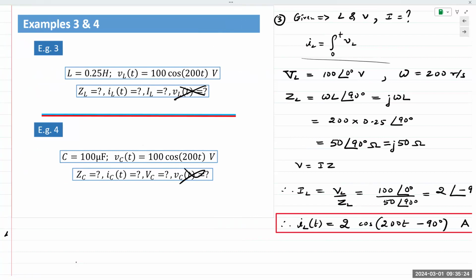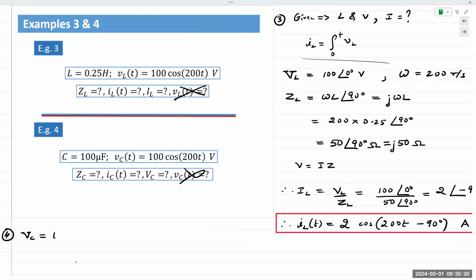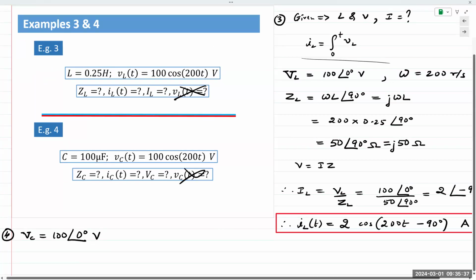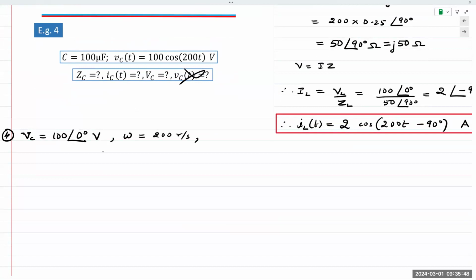So for example 4, I'm going to write the phasor for VC: 100 with an angle of 0 volts. Omega is 200 radians per second.